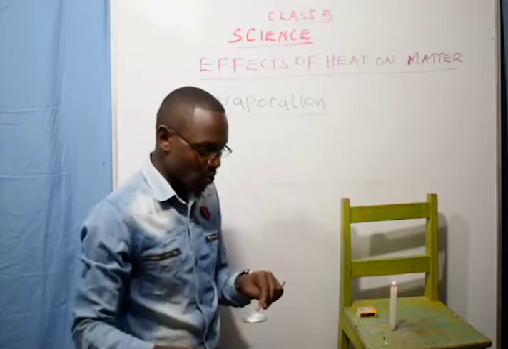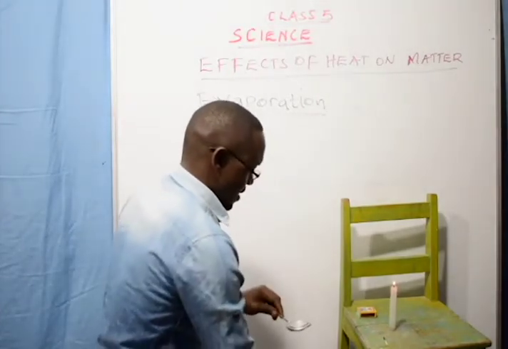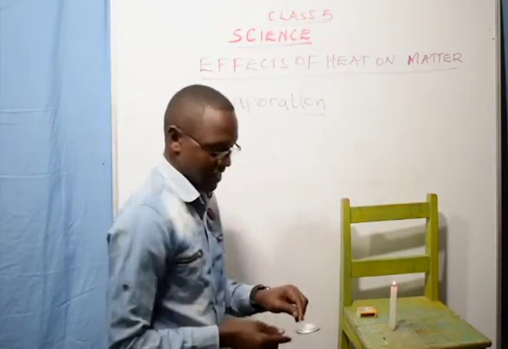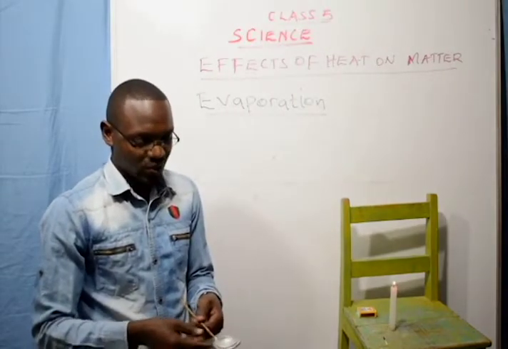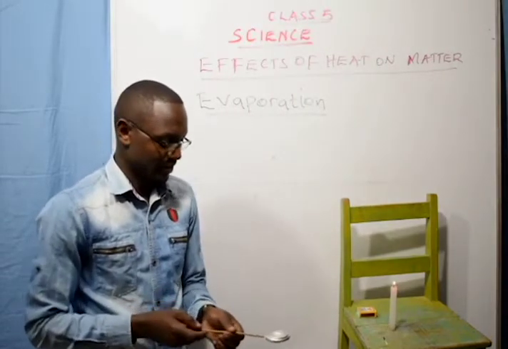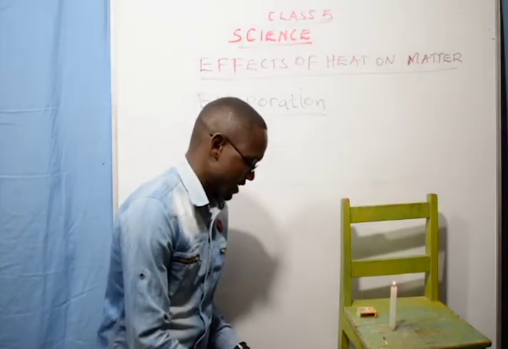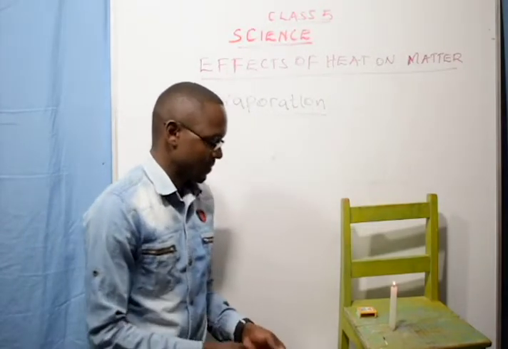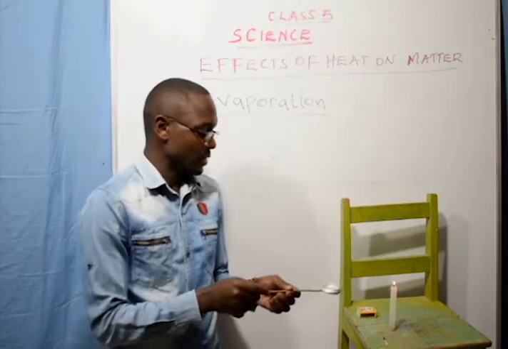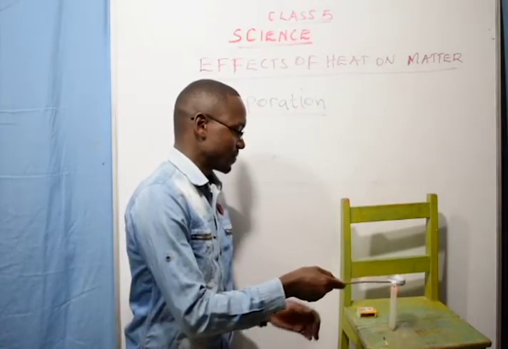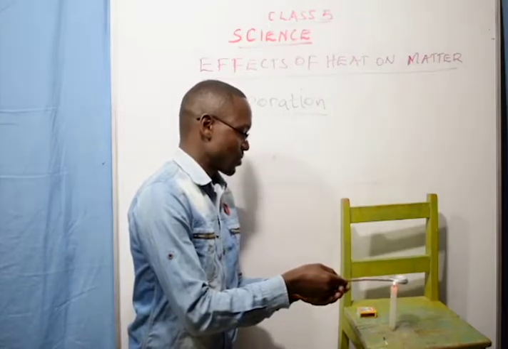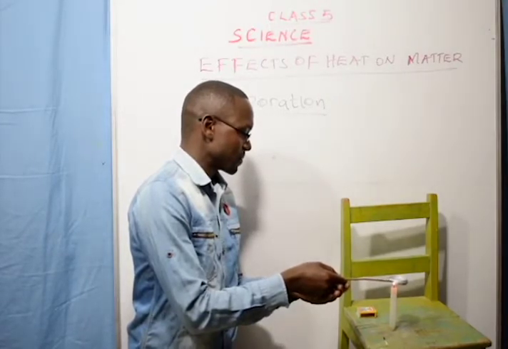Let us try to look at what will happen when liquids are heated. So we are heating liquids. We just expose this liquid to heat, and let's look at what will happen after some time.